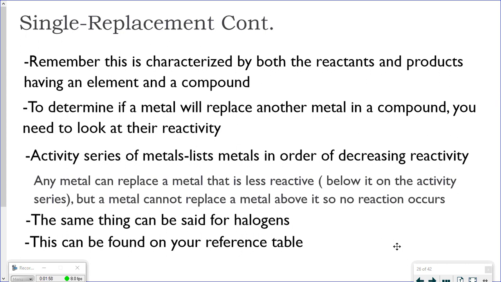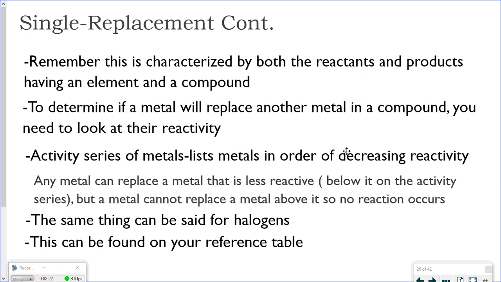To determine if a metal is going to replace another metal in a compound, you have to look at their reactivity. The metal by itself has to be more reactive than the one in the compound to force it out of the way. So on the back of your reference sheet next to your polyatomic list, you actually have an activity series of metals.